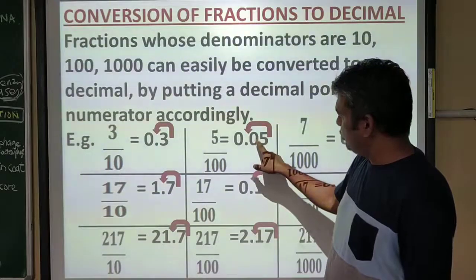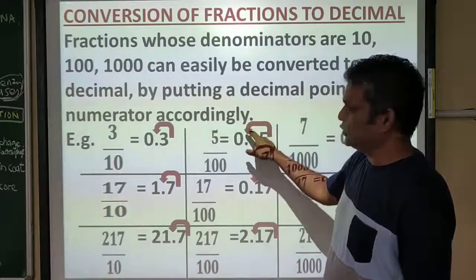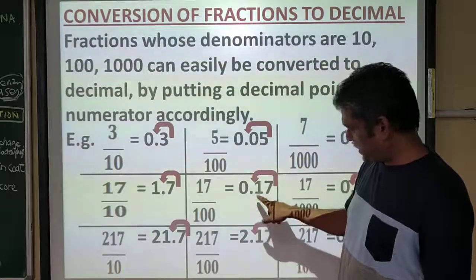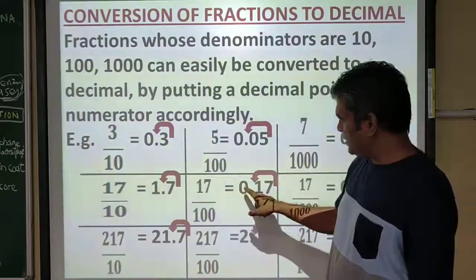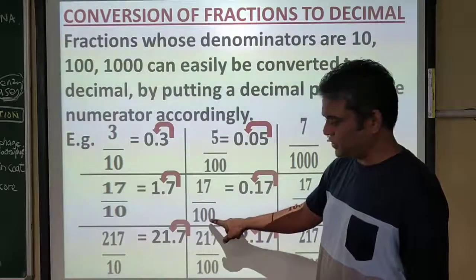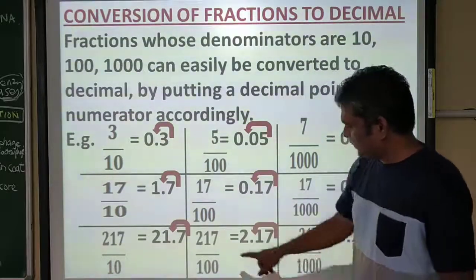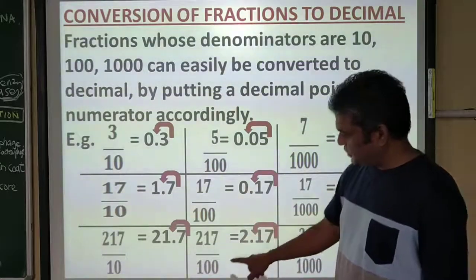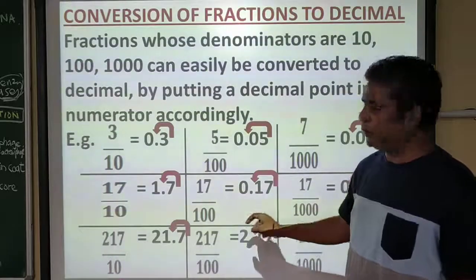Since there is no number there, you put a 0 and shift it two places. So you get 0.05. Likewise, for 17, 0.17. Write 17 and shift it two places since there are two zeros. Then 217, you just write it there, and since there are two zeros, you shift it two places.